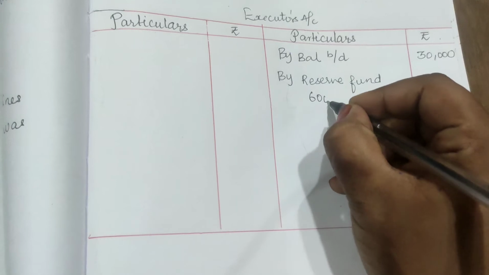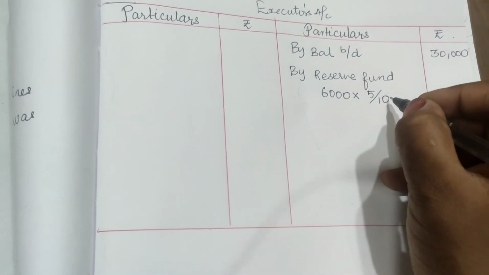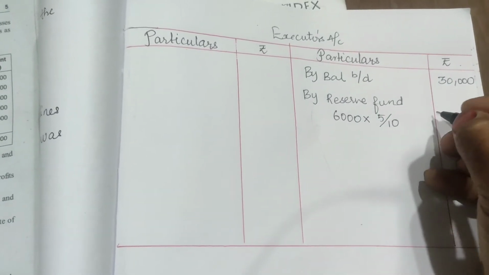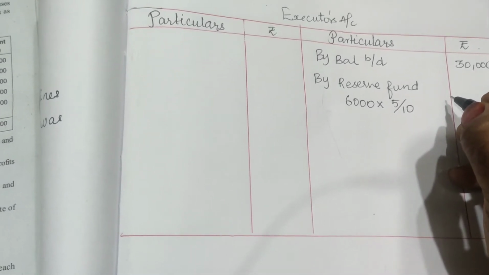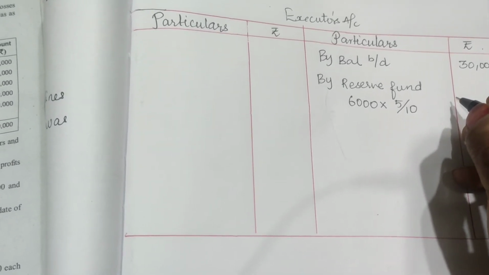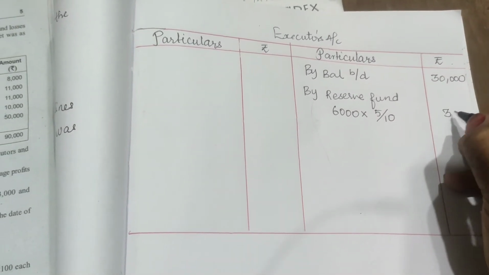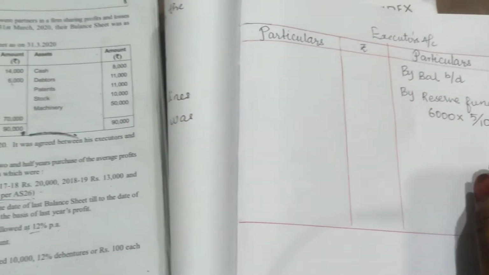So 6,000 into 5/10, his share is going to be 3,000, that we have written.